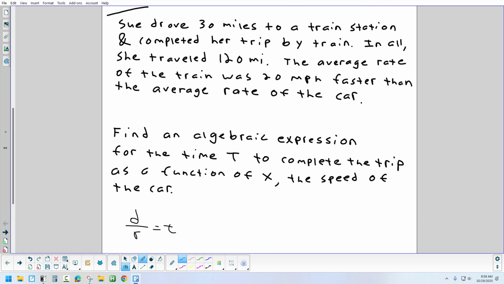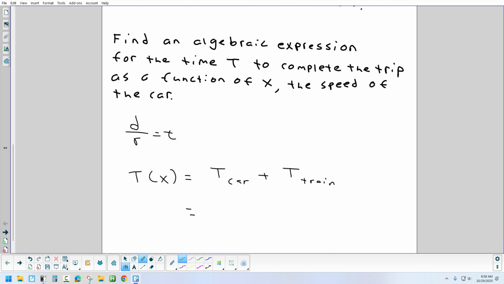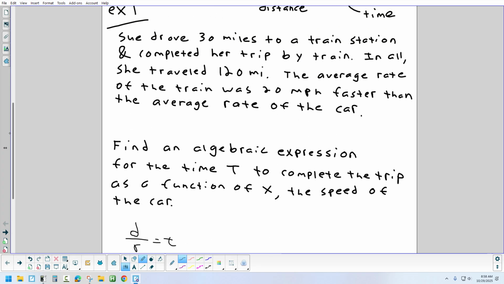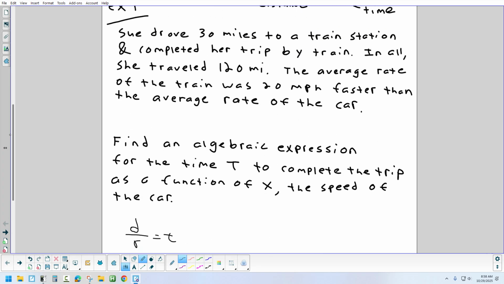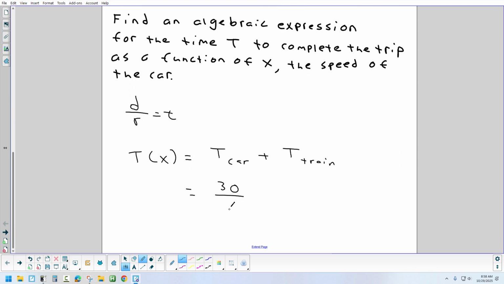Yep, 30 miles. And what is the speed of the car? Yep. X. You take the distance and you divide by the speed. That's the time that she'll spend in the car. 30 divided by X.